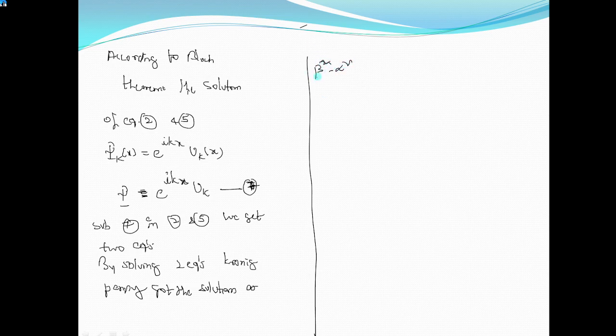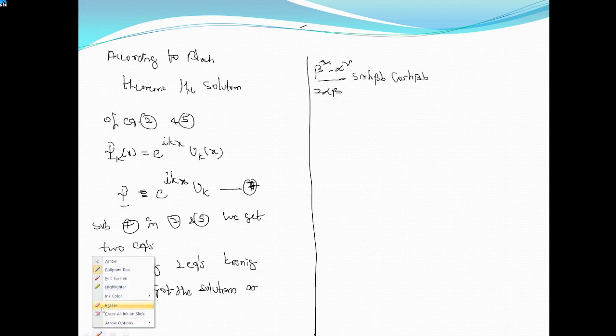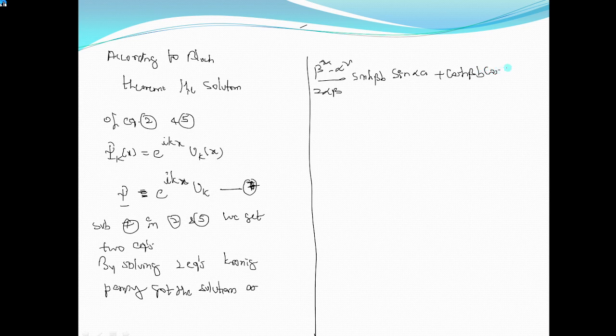beta square minus alpha square divided by 2 alpha beta, sinh beta b sin alpha a plus cosh beta b cos alpha a, which is equal to cos k into a plus b.